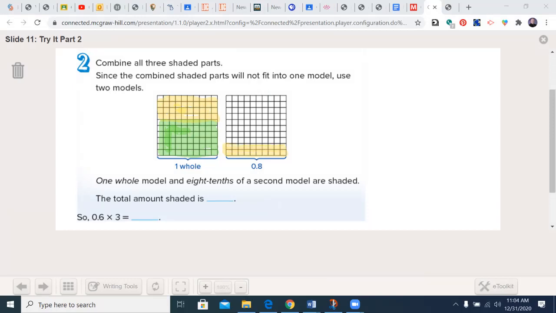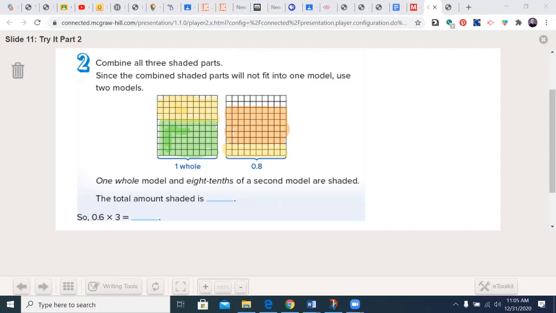Here's the second group. Again, it would be acceptable if you went up and down as long as you're consistent. It'll give you the same answer.